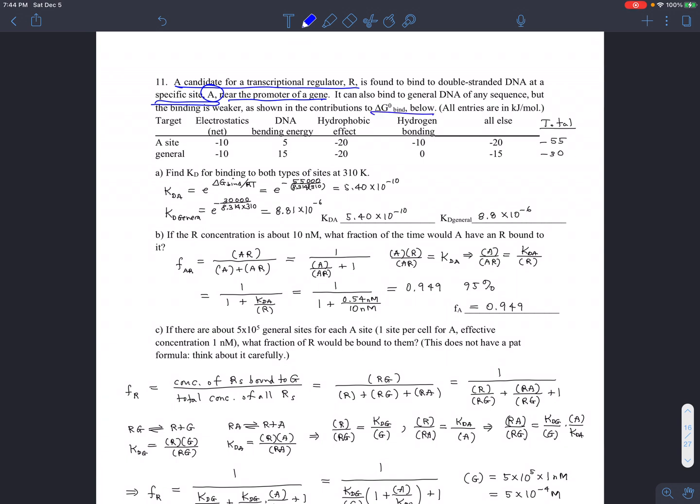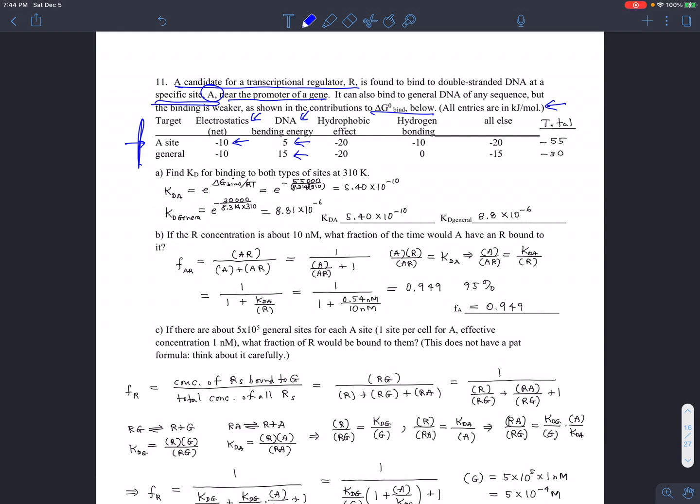So all the entries are in kilojoules per mole. Then it gives us a table of the various different kinds of energies that contribute to the binding. For the A site, there's a contribution of minus 10 kilojoules per mole for electrostatics. The DNA gets bent when the protein binds, and that's not as bad for the A site as it is at general sites.